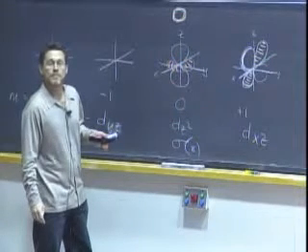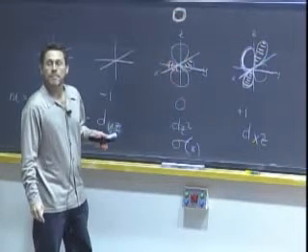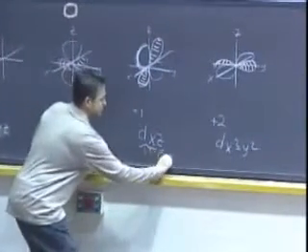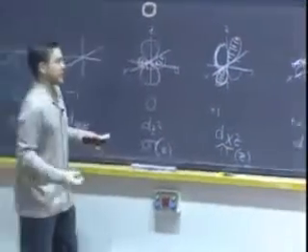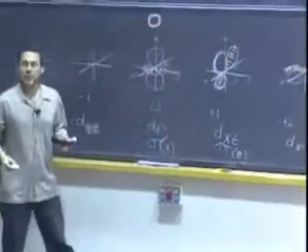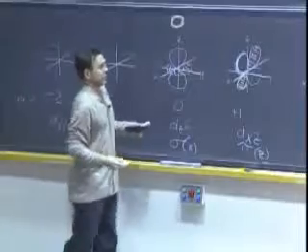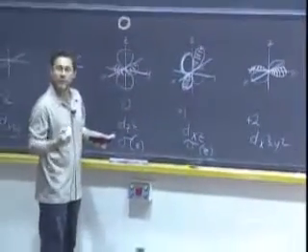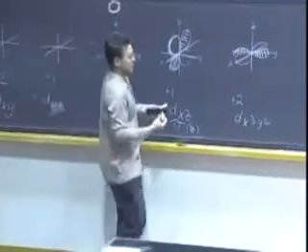Anyone? Pi. Thank you. That would be pi with respect to z, because the yz plane is a nodal surface for this d orbital, as is the xy plane. And that's what we're trying to do here, is become familiar with these nodal surfaces.